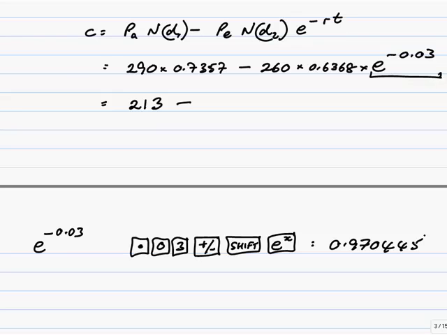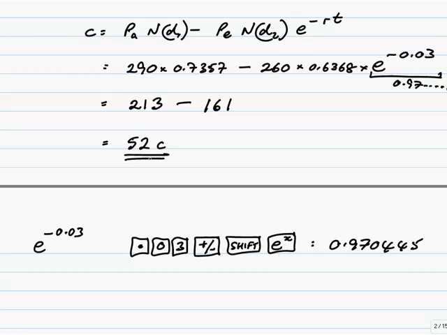However, to go back to the equation, although that gives me this bit of it, keep it in my calculator and multiply by the other two. So multiply by 0.6368 by 260, and it comes to 161 if again we keep to the nearest cent, which finally gives us 52 cents.